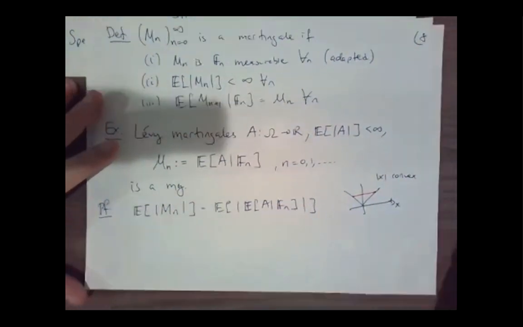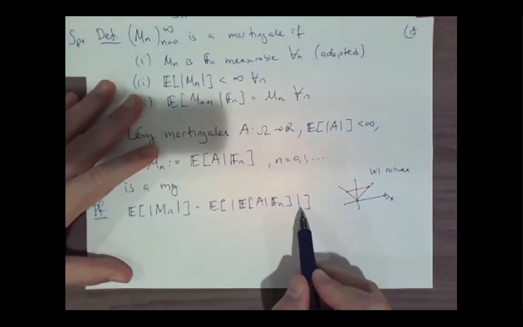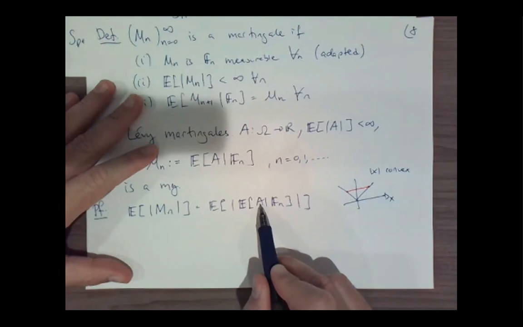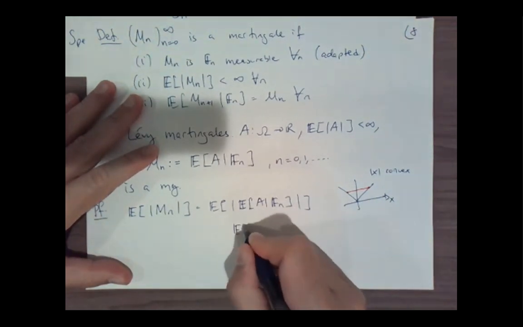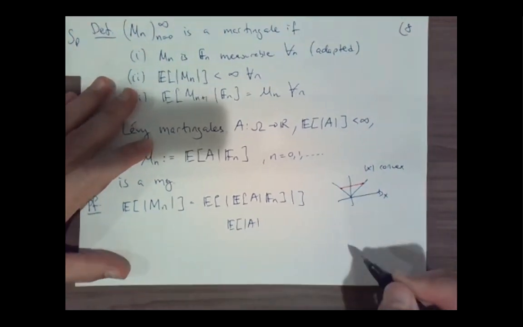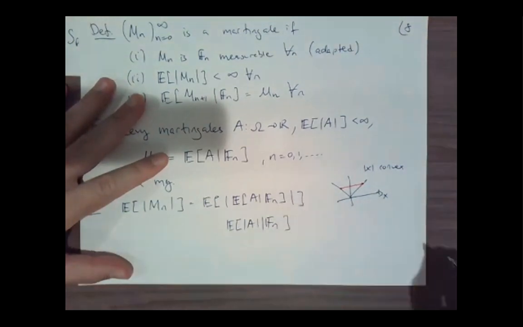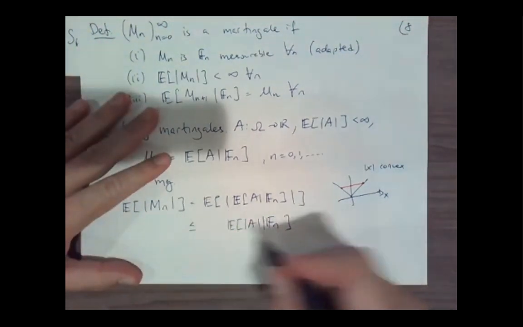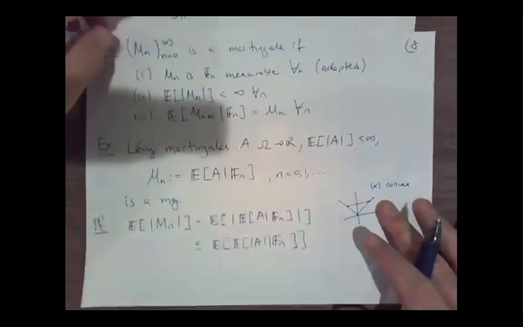So then there's something called Jensen's inequality. Jensen's inequality says that if I move the absolute value inside an expectation, I'm going to get something that's bigger. So if I move the absolute value in here, I'm going to get something that is bigger. I'm hoping that you guys have seen Jensen's inequality somewhere.